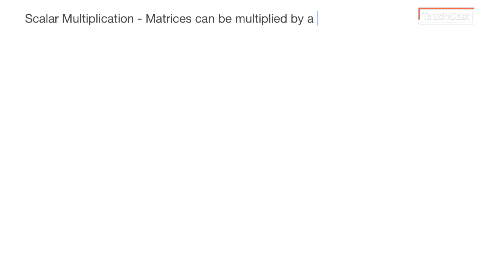Alright, continuing on our introduction to matrices, we're going to talk about scalar multiplication. Matrices can be multiplied by a constant called a scalar.